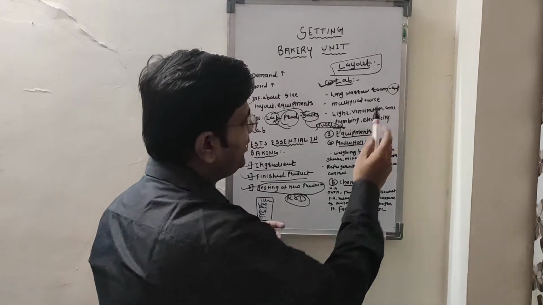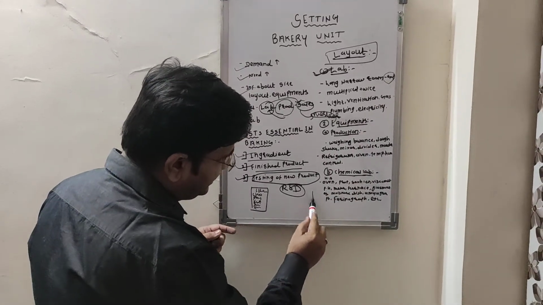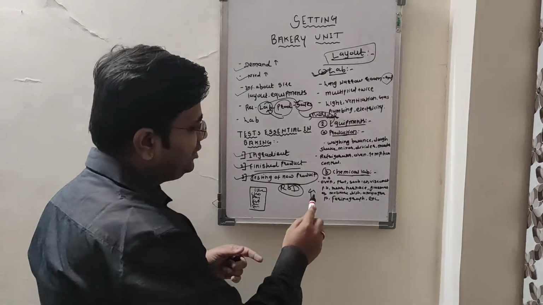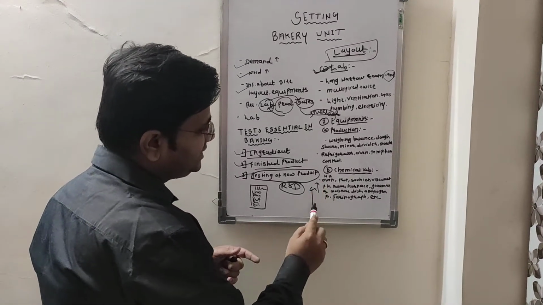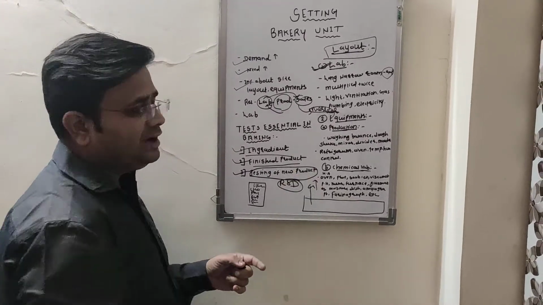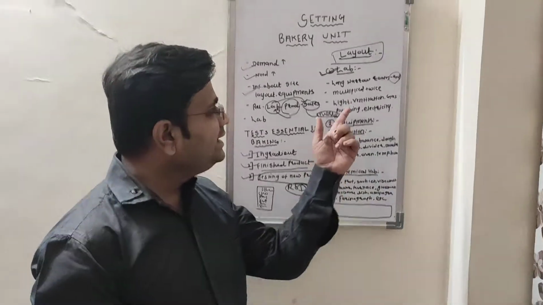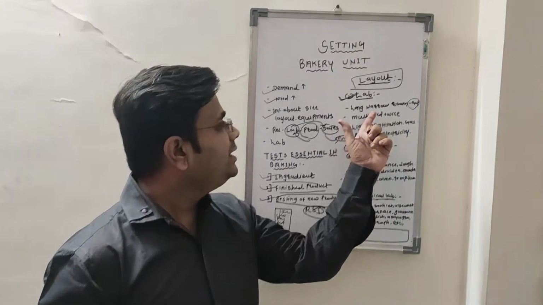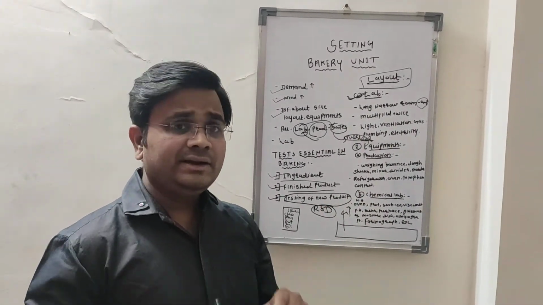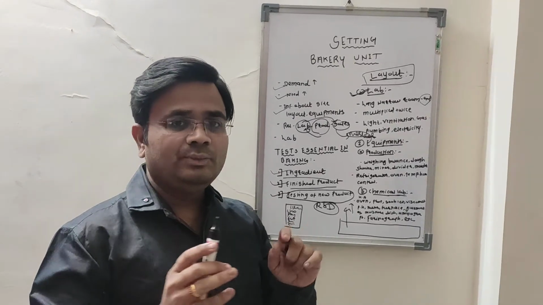Because as your product category increases, you need to increase the lab equipment. Therefore you need to set up a lab in a much broader sense. You need more space, and therefore your lab must be long and narrow in length, and it should be expandable to a great extent.